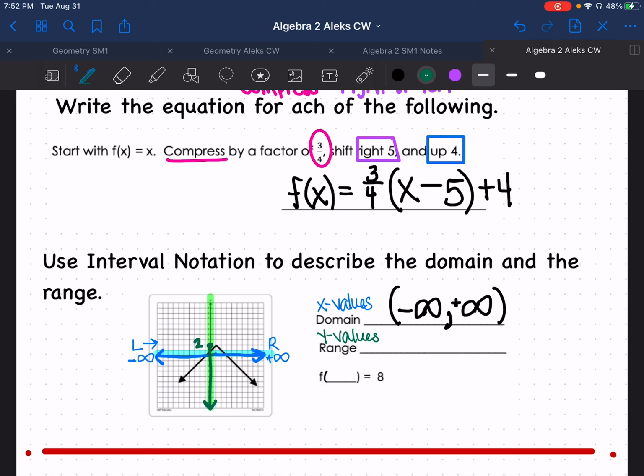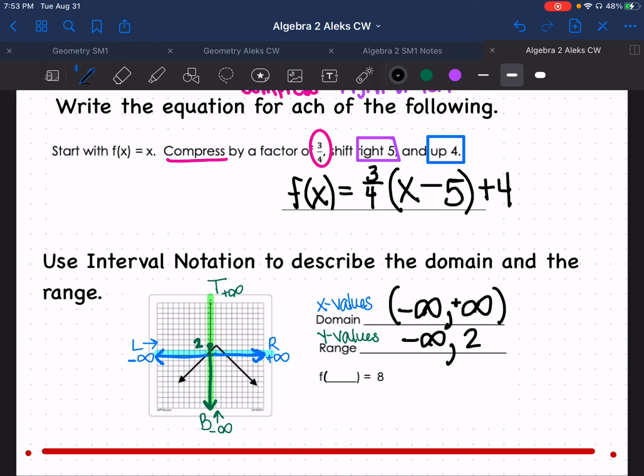Now remember, when we read the y-axis, we read it from the bottom, which happens to be where our negative infinity is, up to the top, which happens to be where our positive infinity is at. So if I start reading this graph from the bottom, I would start at negative infinity, comma, and then it would end right here at the vertex of 2. So I'm going to stop it right here at 2.